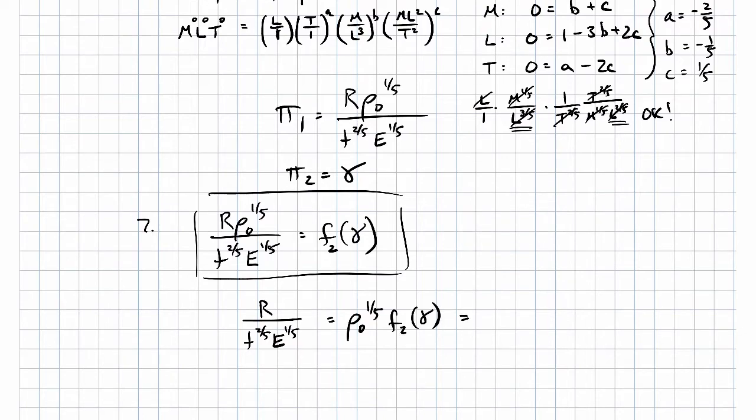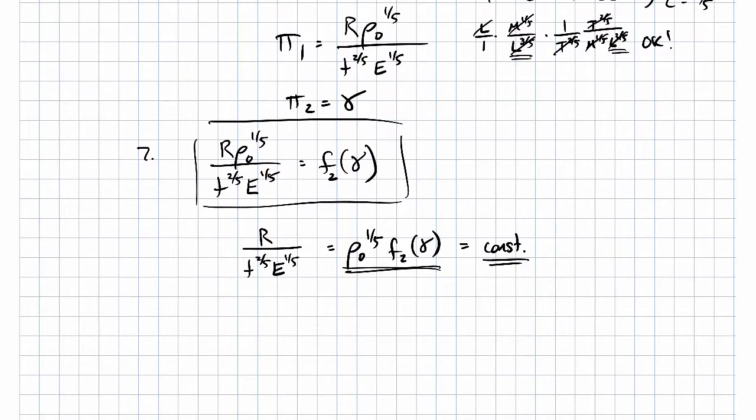But this is basically a constant, right? It's because the atmospheric density and the specific heat ratio, it's just whatever it's going to be for atmospheric conditions. So then I could write that the radius is just some constant. Let me call it C1. It's just some constant C1 times T to the 2/5 times e to the 1/5. So that's the expected relationship I have for the blast radius.